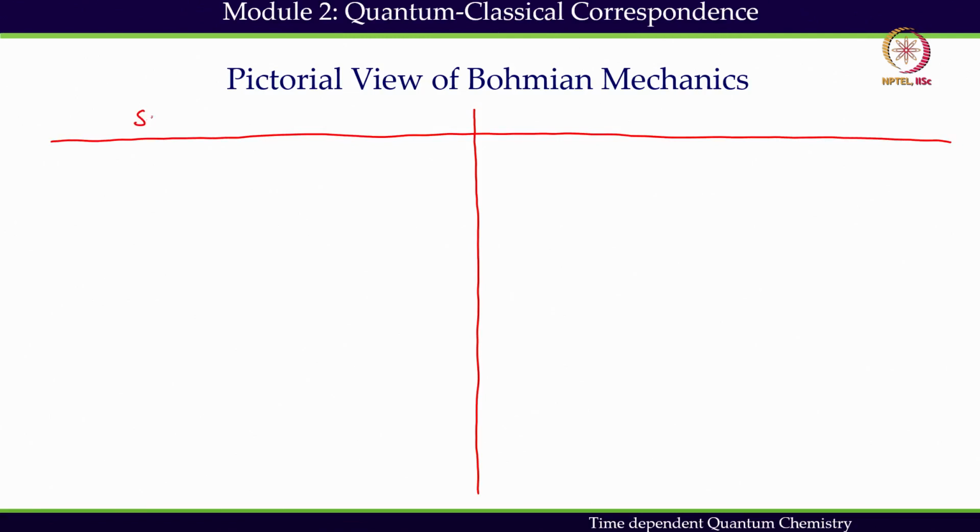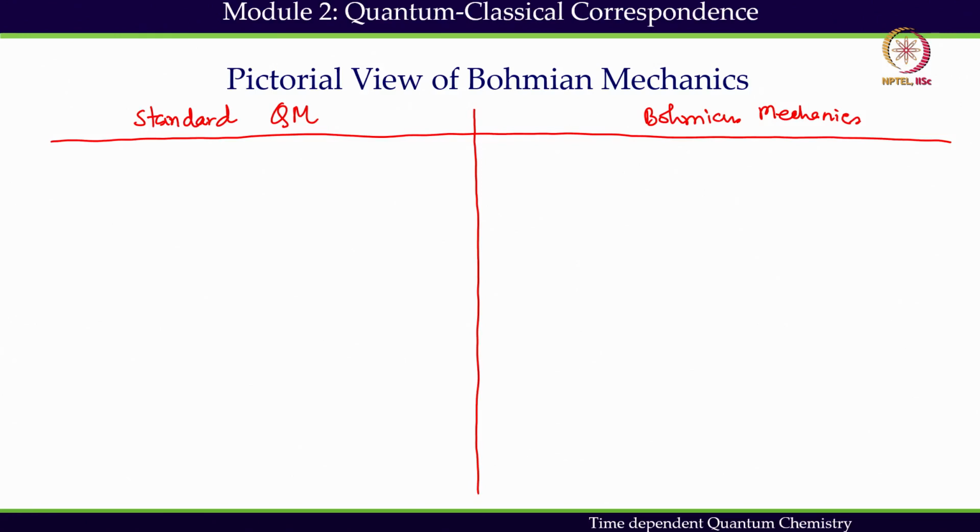This is standard quantum mechanics, standard interpretation of quantum mechanics, and this is Bohmian mechanics. It is just a different form of viewing the same problem on a different footing.